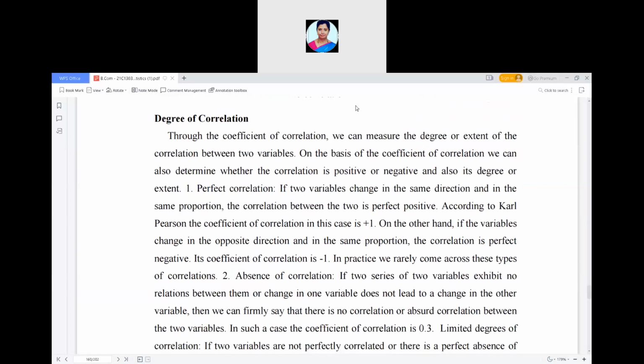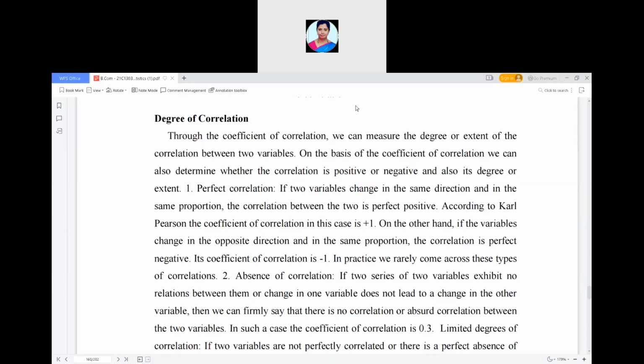So the next one is the degree of correlation. The correlation coefficient measures the direction and the degree of the relationship between the variables in one figure.